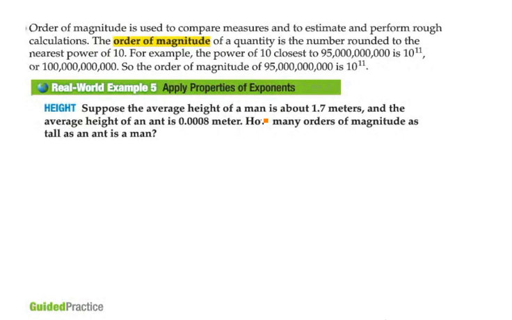So suppose the average height of a man is about 1.7 meters and the average height of an ant is 8/100,000th of a meter. How many orders of magnitude as tall as an ant is a man? So when we look at this, we are comparing the man's height to the ant's height.